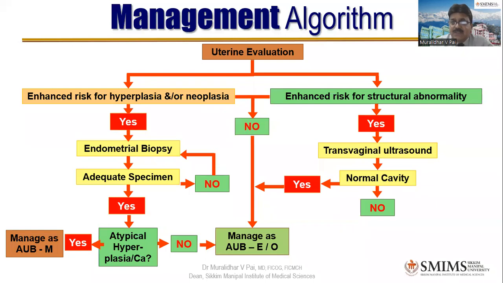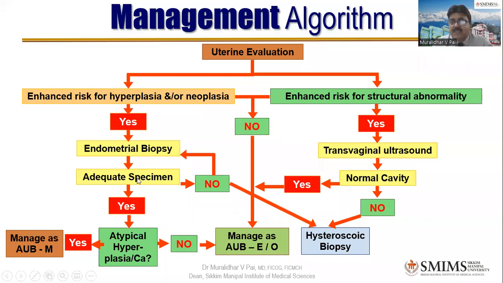If the cavity is not normal, then you do a hysteroscopy guided biopsy. There also, if the specimen is inadequate, you have an option of either doing an endometrial biopsy, or you can straight away go for hysteroscopy guided biopsy. This I'm showing it to you now because I was waiting for this box to come up.